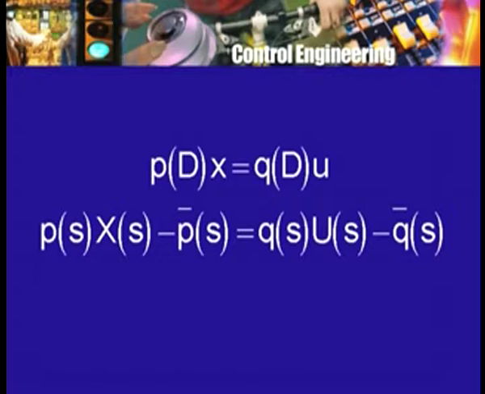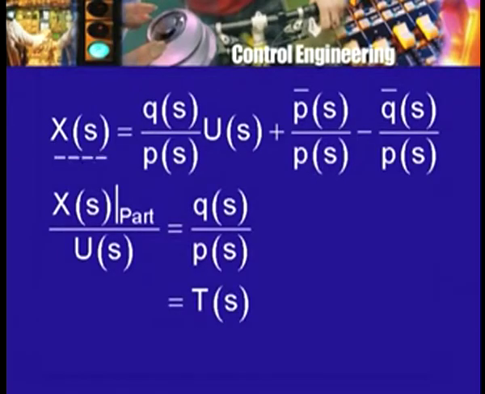So if I use x, I will get P of s X of s minus P bar of s equal to Q of s U of s minus Q bar of s, where P bar of s and Q bar of s are two polynomials that depend on the initial values of x and the initial values of u, that is x0, dx0, etc., u0, du0, etc. So from this we obtain X of s as a sum of three terms. One of the terms was Q of s by P of s into U of s, the other term was P bar of s divided by P of s, and the third term was minus Q bar of s divided by P of s.